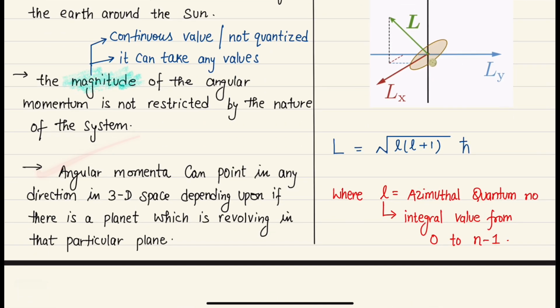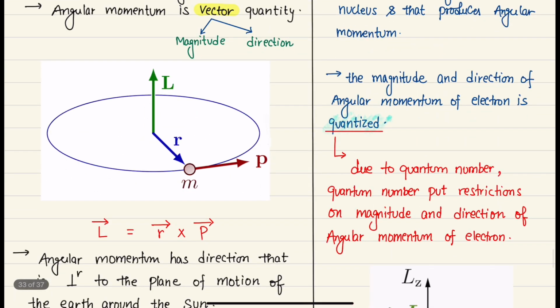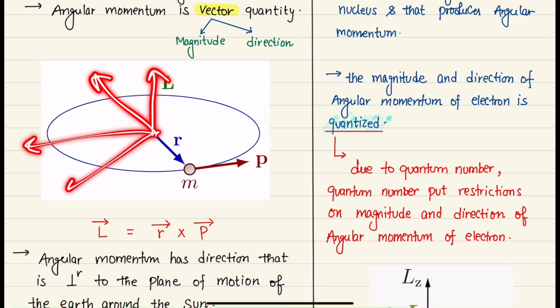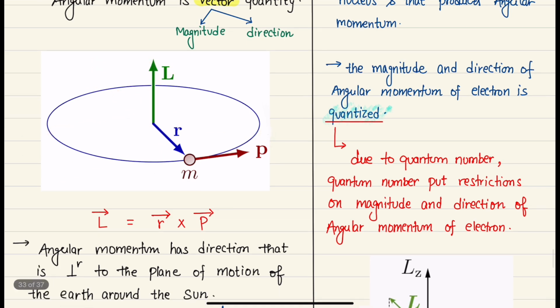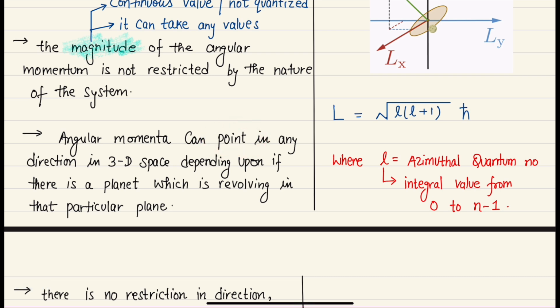Now one more thing, angular momentum can point in any direction in 3D space, depending upon the plane in which the planet is revolving. See here, this angular momentum direction, this L vector, can point in any direction. Understood? It is not restricted. Angular momentum can point in any direction in 3D space.